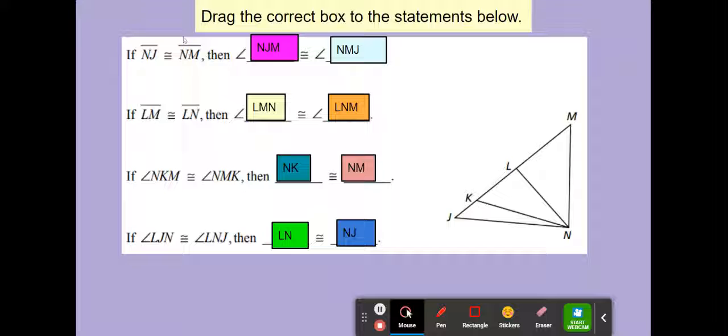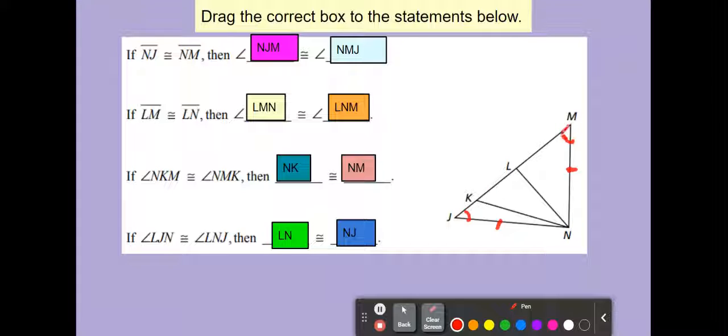All right. So the next one here, this was slide 14. This is using the isosceles theorem to help us here. So if NJ is congruent to NM, so that's making one big isosceles triangle here, then angle NJM, this angle, must be congruent to NMJ.